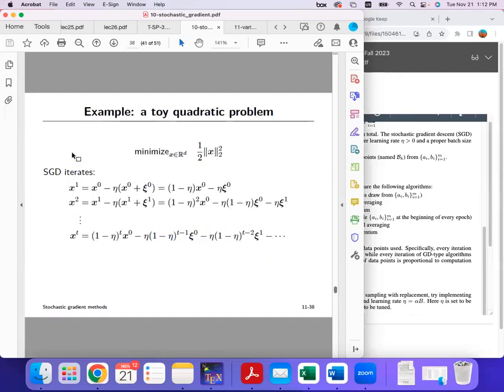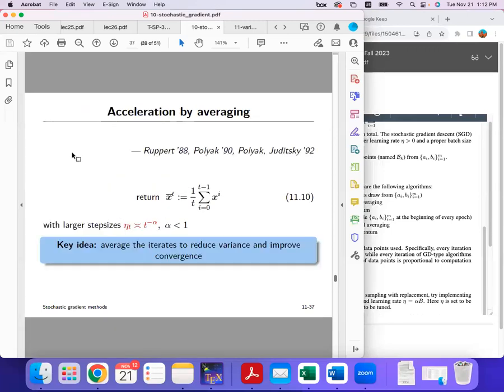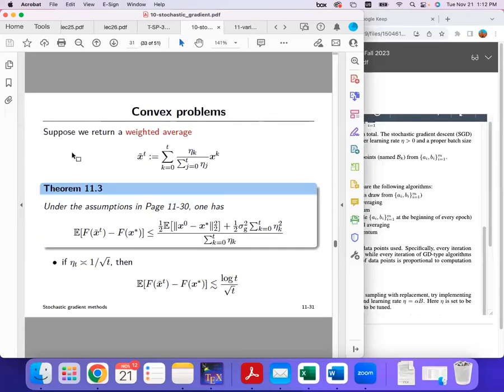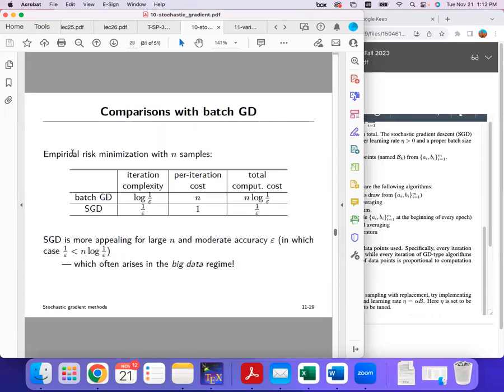That's why we want to do a model averaging. Let's go back to here. We want to do a model averaging so that we can get a reasonable convergence rate. But the question is, can we further improve this result? If we go to the complexity, can we further improve these complexities?